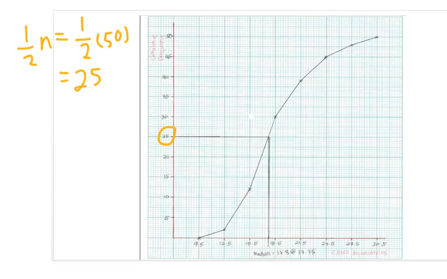When you find the 25, draw a straight line horizontally from 25 until it touches your ogive. Then draw downwards vertically. When it touches your x-axis, that is going to be your median value.